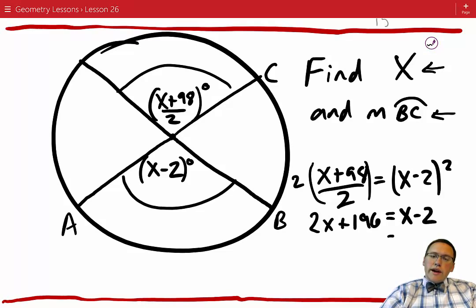So we can subtract x from both sides, and we could subtract 196 from both sides.